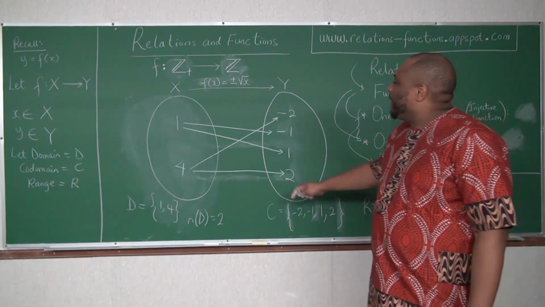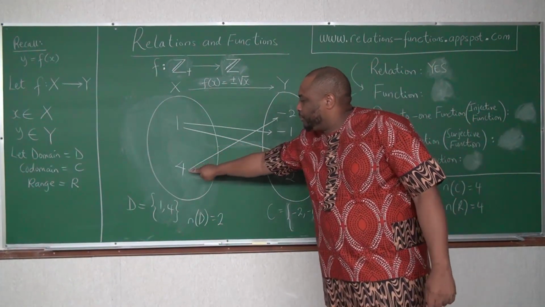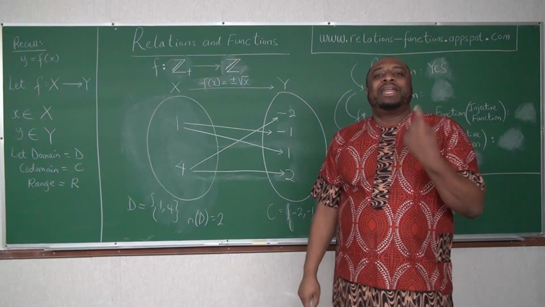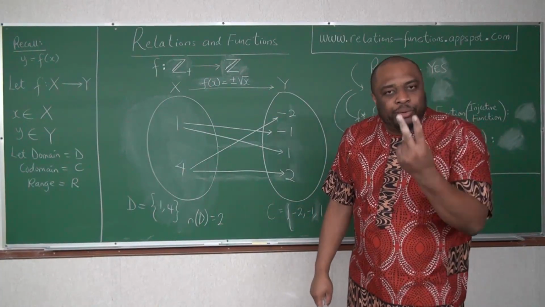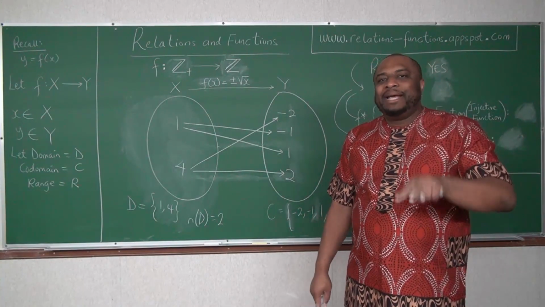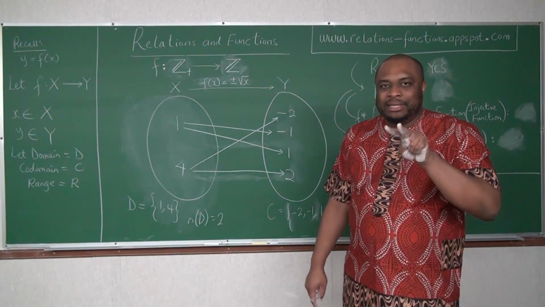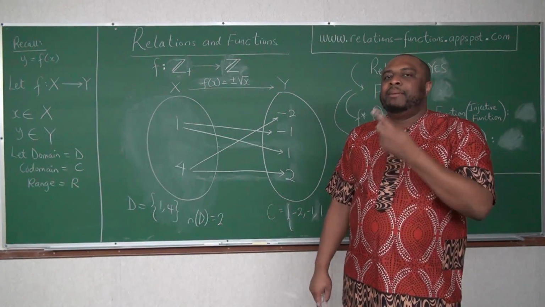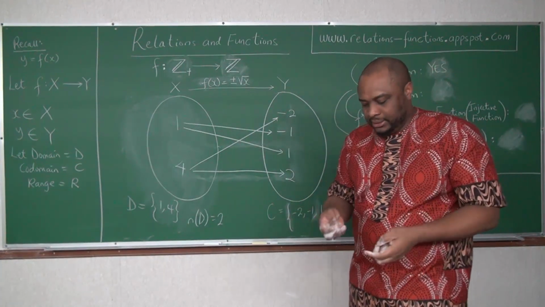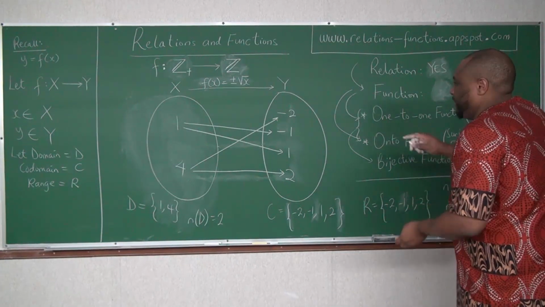So you cannot have an input having more than one output, but you can have two inputs having the same output. Two people can make the same grade on the test, but one person cannot make two different grades on the test. So is it a function?